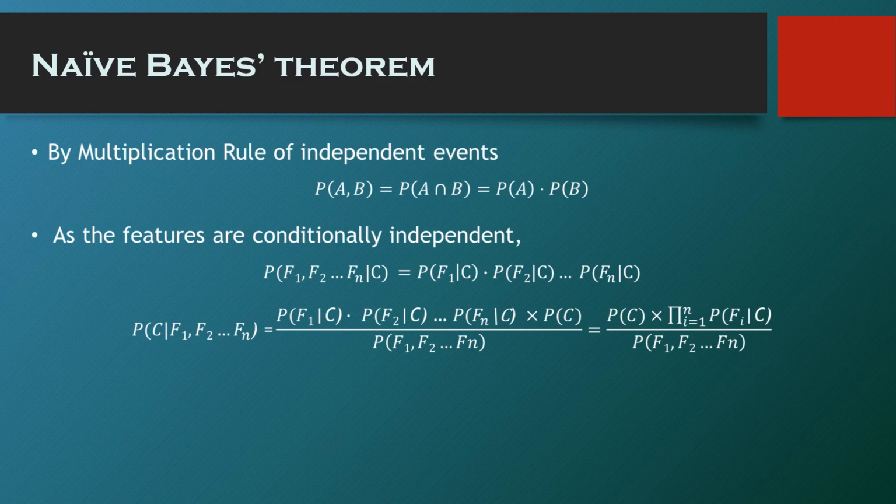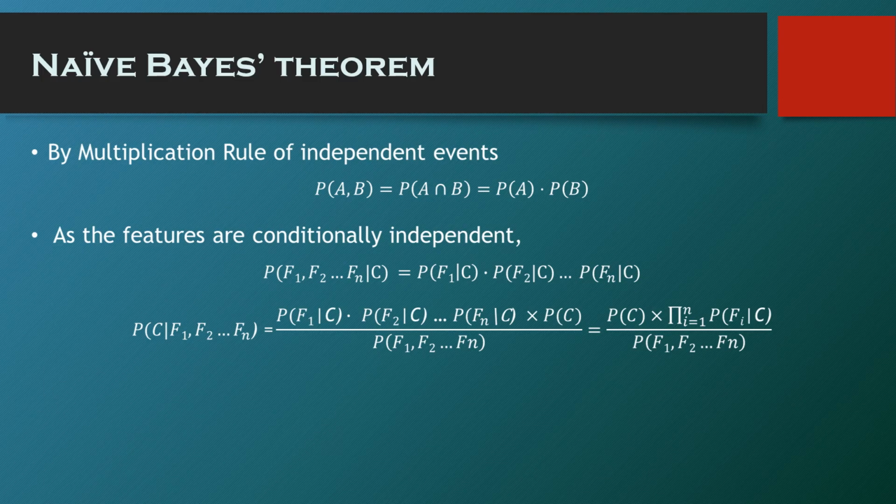Naive Bayes theorem is based on the conditional probability of independent events. By the multiplication rule of independent events, the probability of A intersection B is the product of the probability of A and the probability of B. As the features are conditionally independent, for n features, the likelihood or probability of occurrence of all features for class C is given by the product of the probability of occurrence of each feature given that class C has occurred.